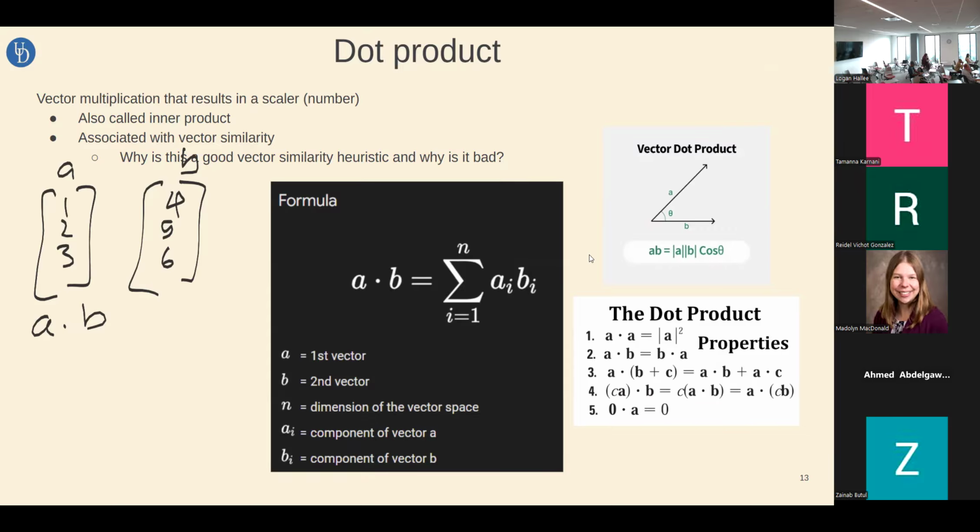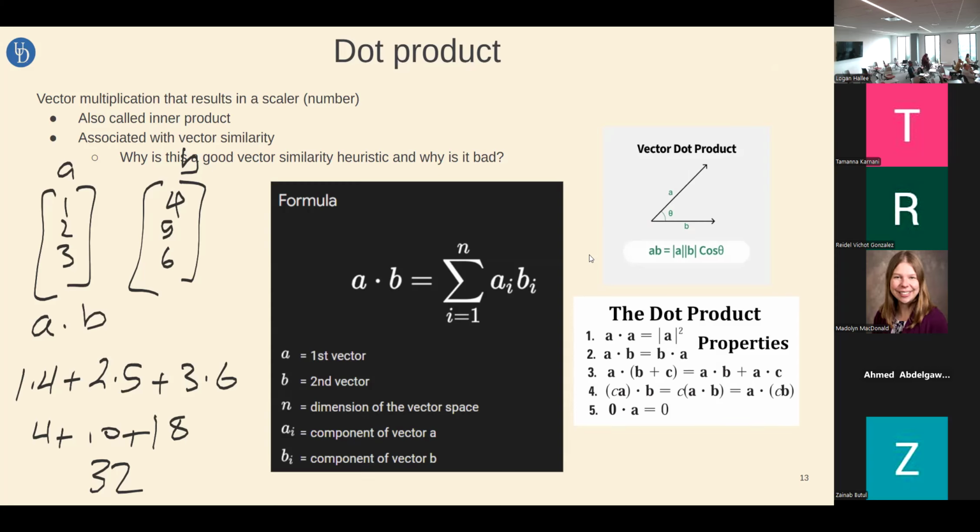What I mean by that is 1 times 4 plus 2 times 5 plus 3 times 6. That's going to be 4 plus 10 plus 18. And what is that? 32. So there we got a scalar out of 2 vectors. What does that tell us really? Well, unfortunately, not a whole lot without additional context.